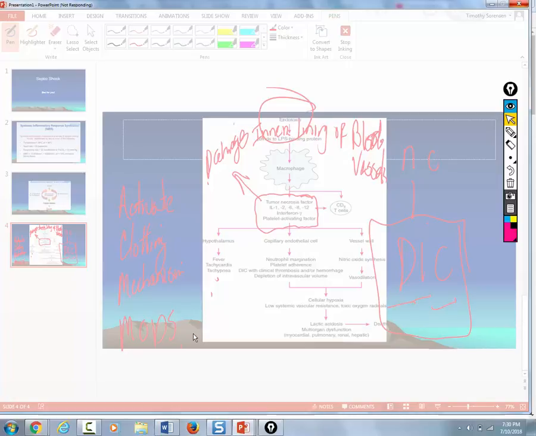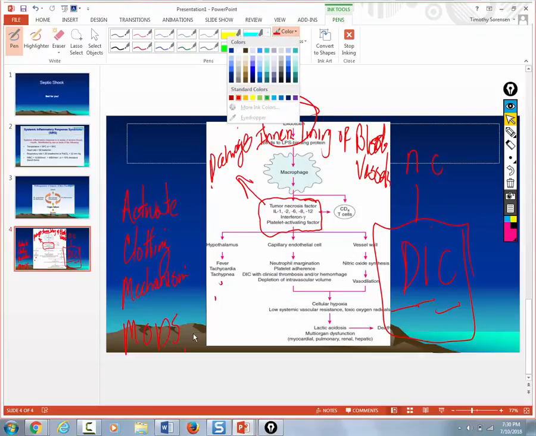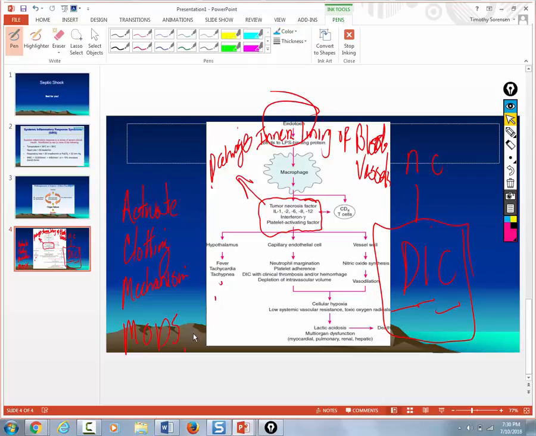Lactic acid. That's why in people with septic shock, the power point goes off. And when the power point stops, they die. So somebody just died from septic shock. Lactate levels? Yep.